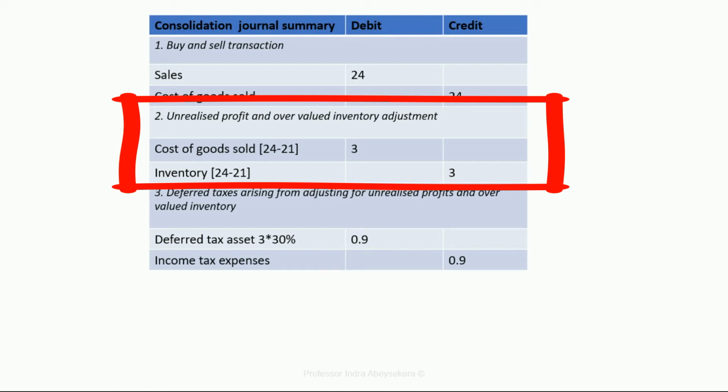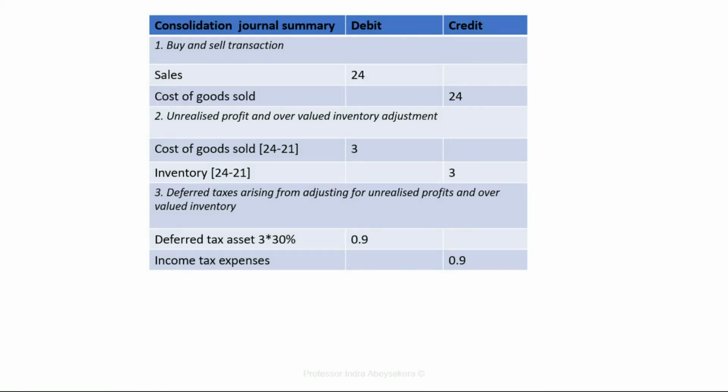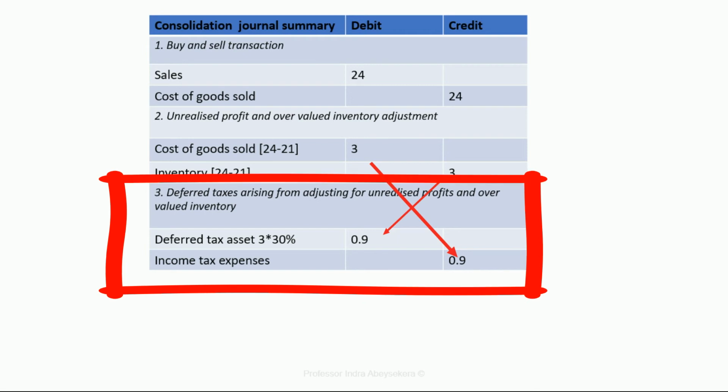When we make the second consolidation journal entry, because we increase the cost of goods sold, profit decreases in the group, therefore the income tax expense decreases in the group. 30% of 3 is 0.9, we credit income tax expense.